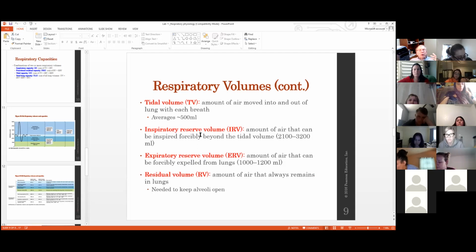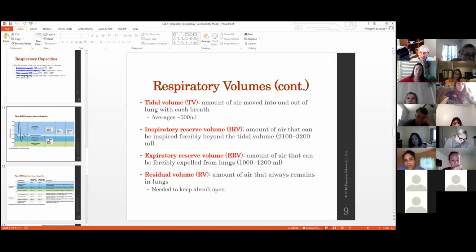You take a deep breath. That's quite a bit of volume that you can take in. This is just being from relaxed and then blowing out. You can't exhaust nearly as much out of your lungs as you can breathe in. So these 4 conditions are the only ones that I was going to deal with.